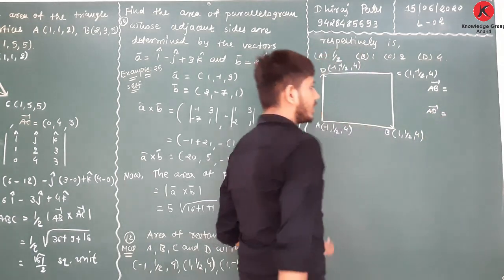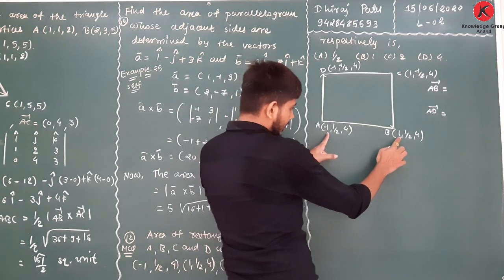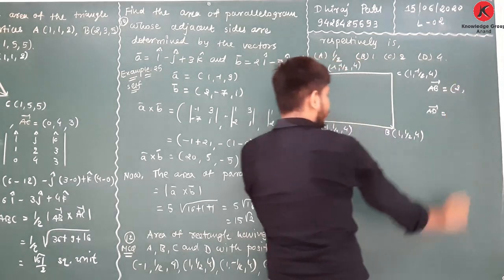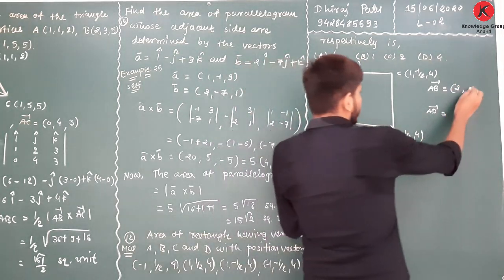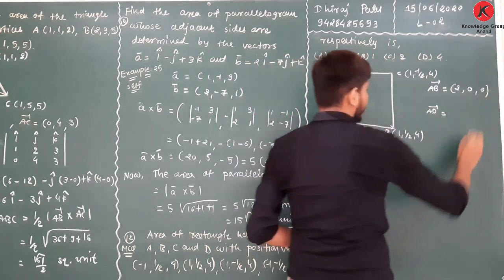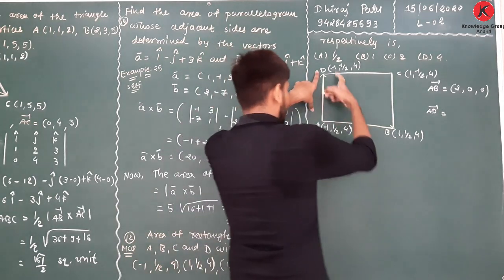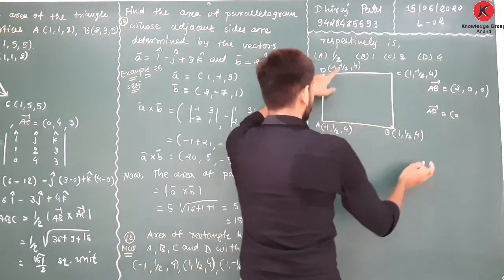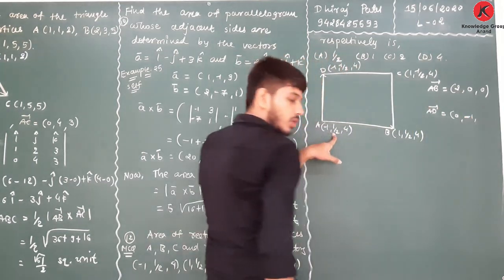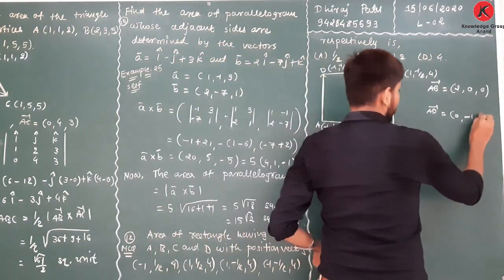Vector AB equals B minus A, meaning 1 minus minus 1 is 2, 1 by 2 minus 1 by 2 is 0, 4 minus 4 is 0. Vector AD equals D minus A: minus 1 plus 1 is 0, minus 1 by 2 minus 1 by 2 is minus 1, 4 minus 4 is 0.